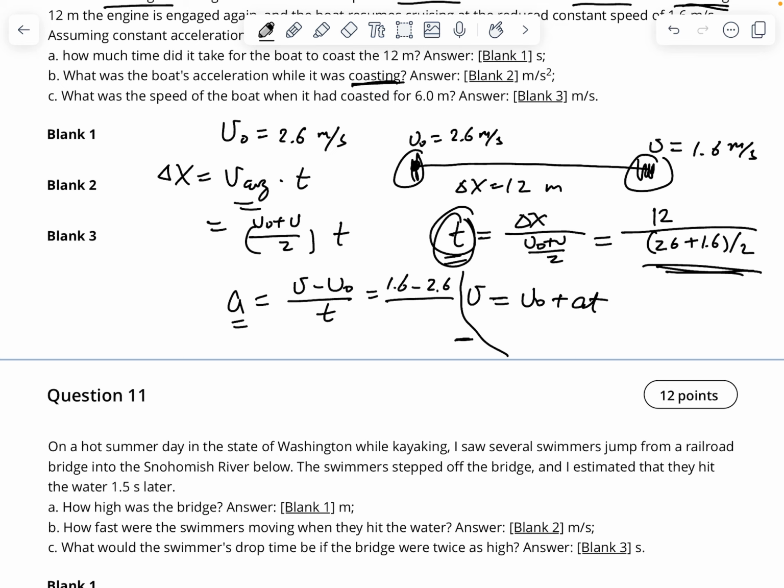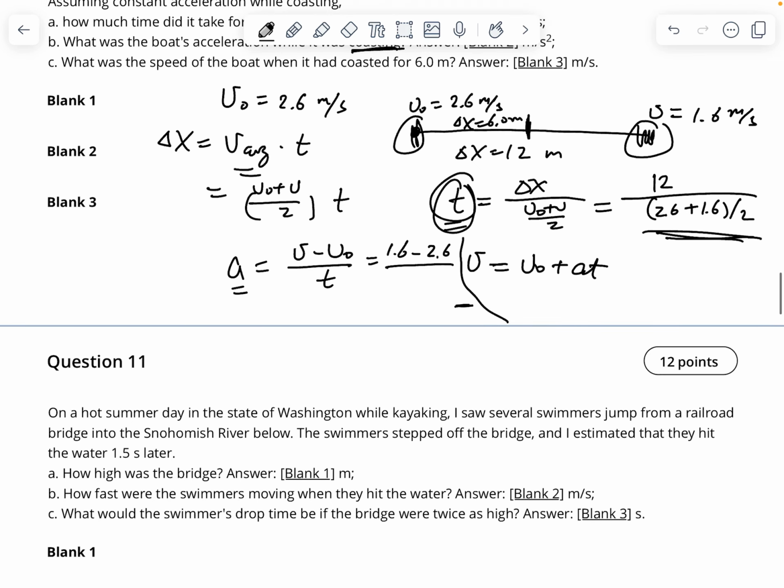Okay. So this one asks you about what's the speed here? Delta x equal to 6.0 meter. All right, so how do we figure this out? Well, use this equation: v squared equal to v naught squared plus 2a delta x, right? So this is 6 meter.